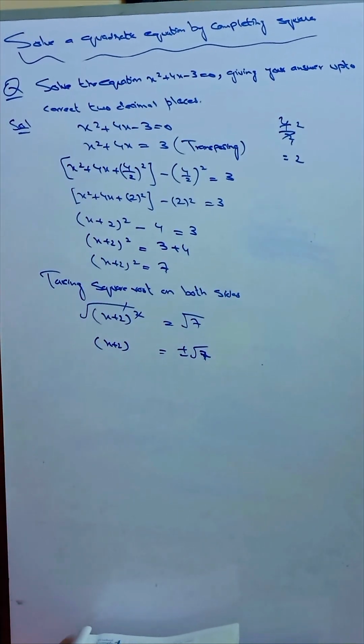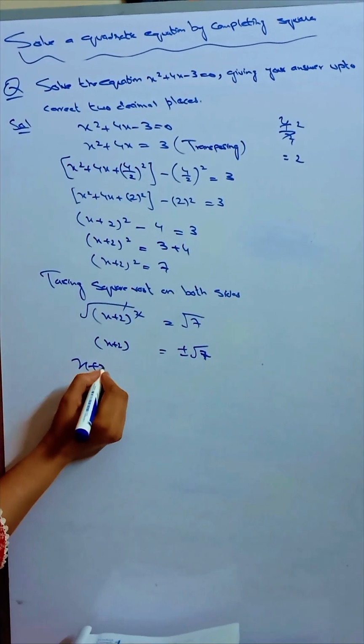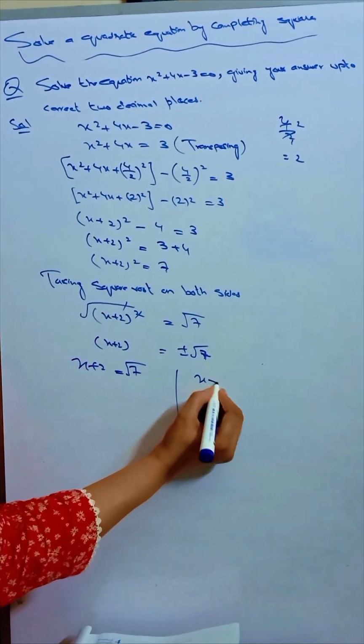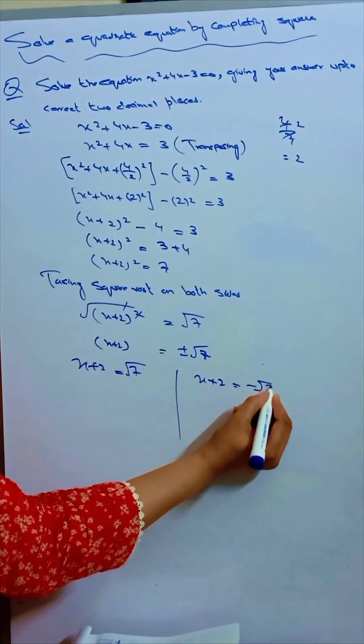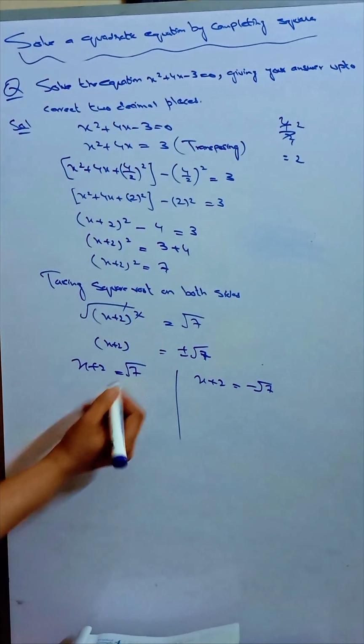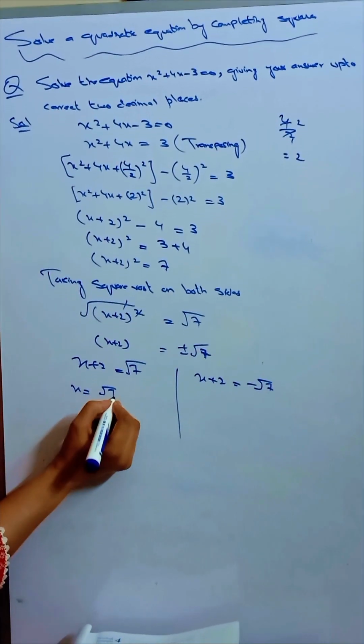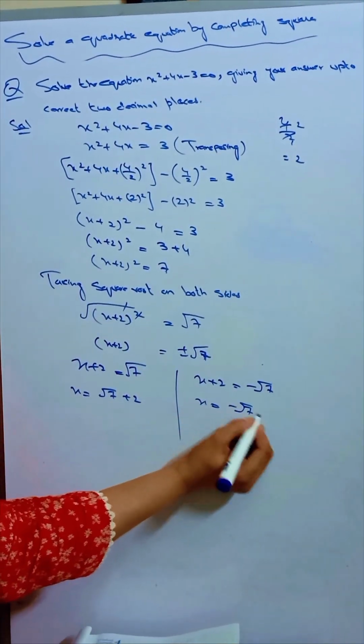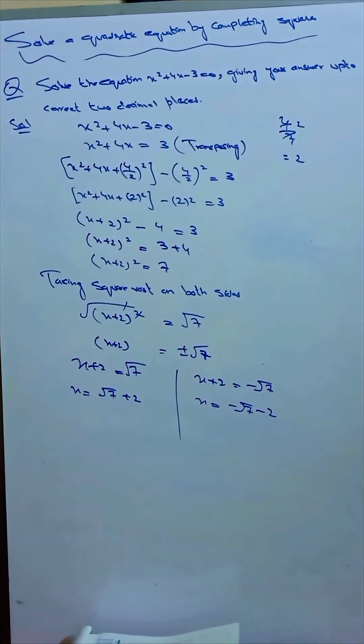So solve it. The next step, x plus 2 equals to under root 7 and x plus 2 equals to minus under root 7. Alright, now solve it. x equals to under root 7 minus 2, x equals to minus under root 7 minus 2. Understand?